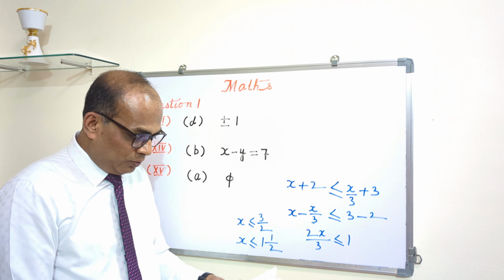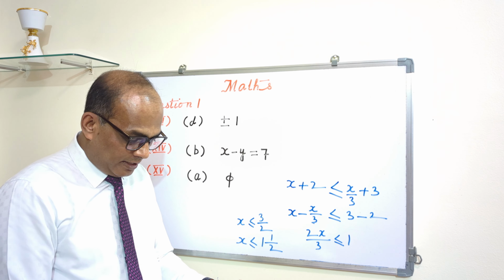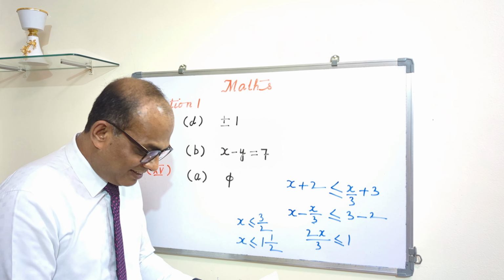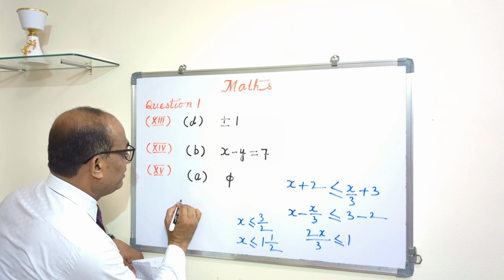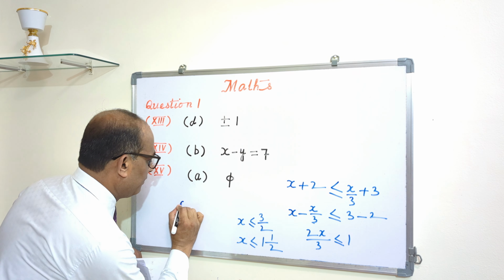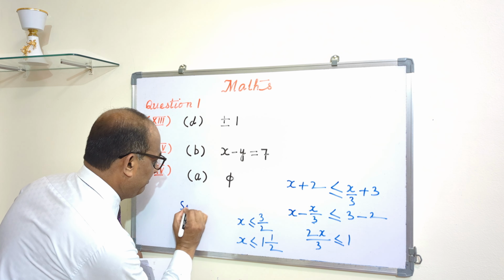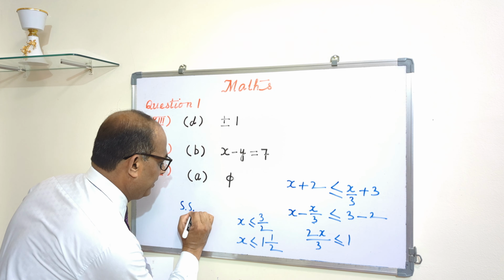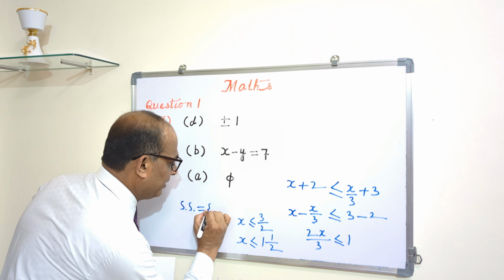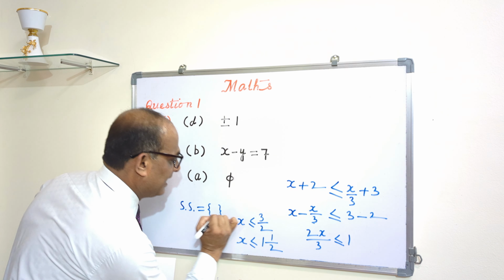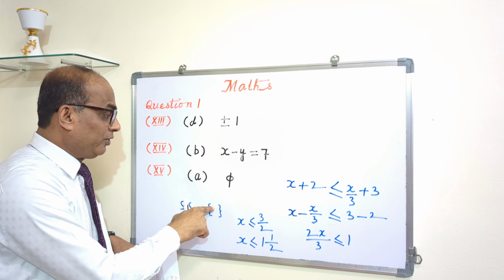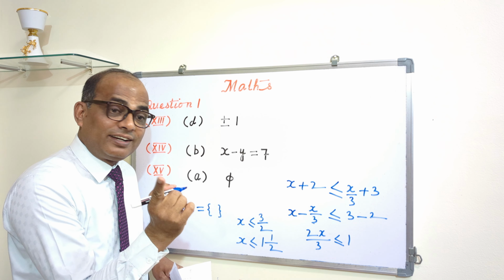That means you are getting a set, the solution set for x is, let me explain to you, the solution set will be with no element. You cannot write down 0 here. If you write down 0, then that will become a null set.